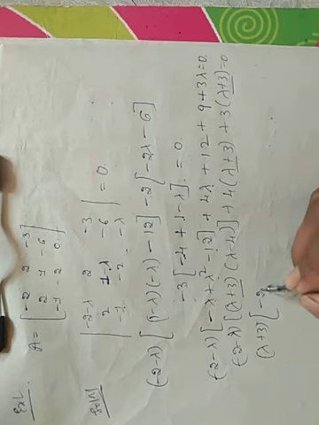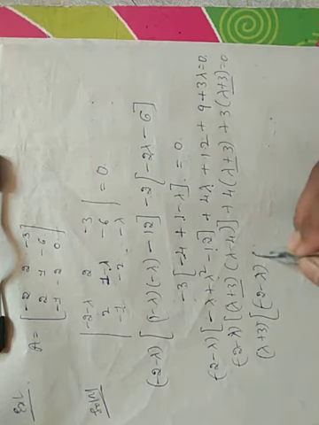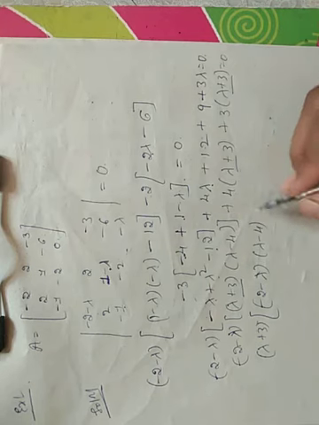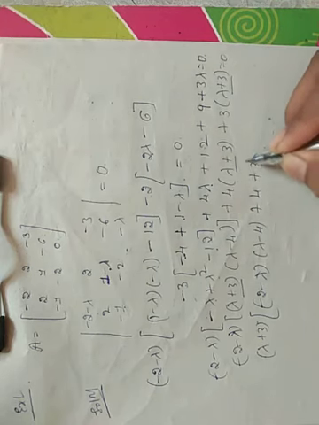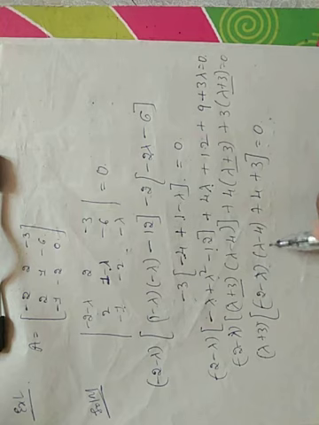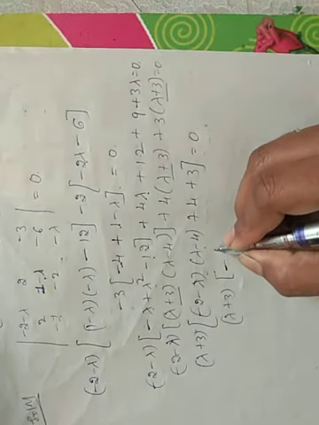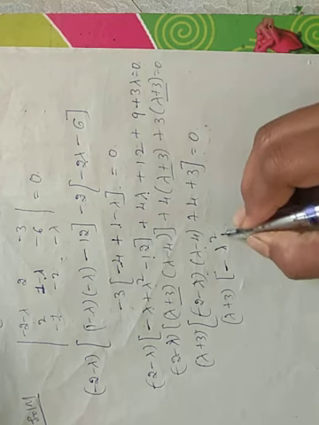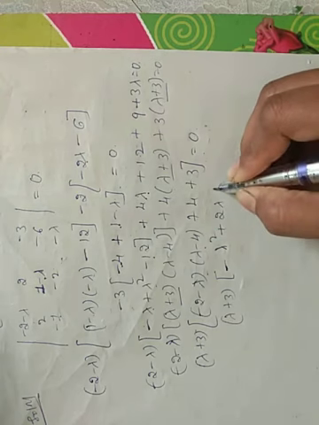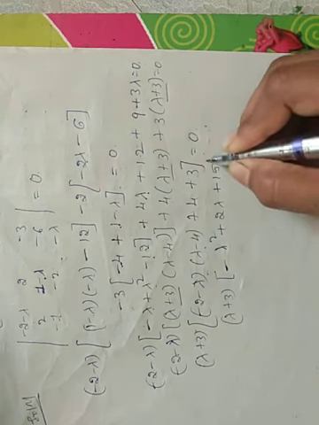Remaining is minus 2 minus lambda into lambda minus 4 plus 4 plus 3 equal to 0. Open the bracket and simplify. You will get lambda plus 3 into bracket minus lambda square plus 2 lambda plus 15 equal to 0.